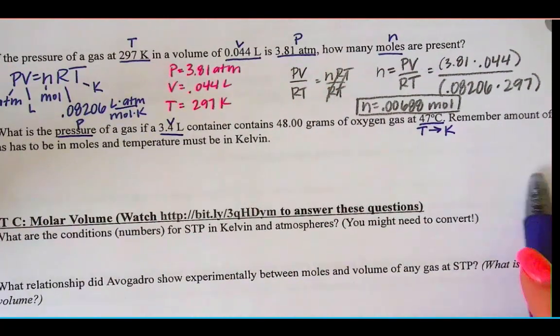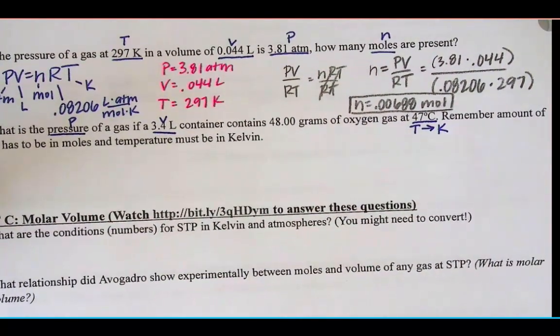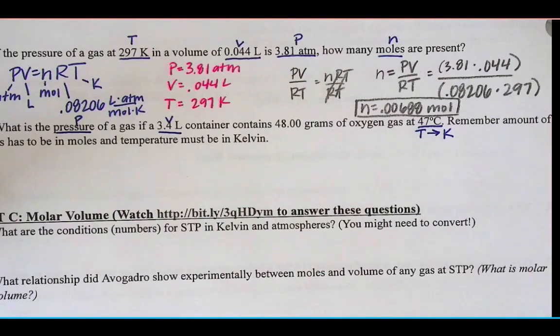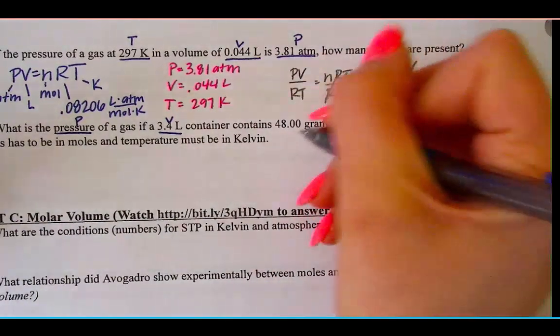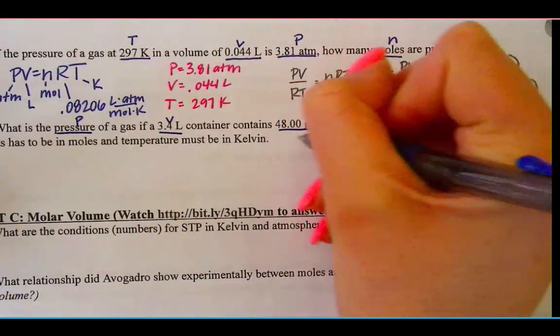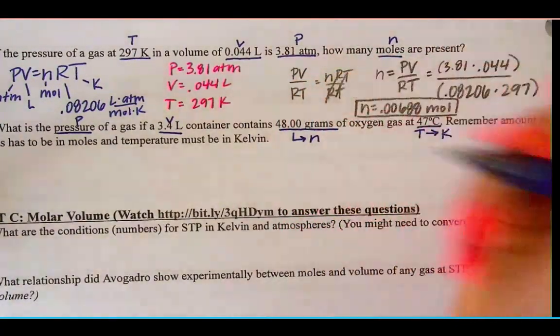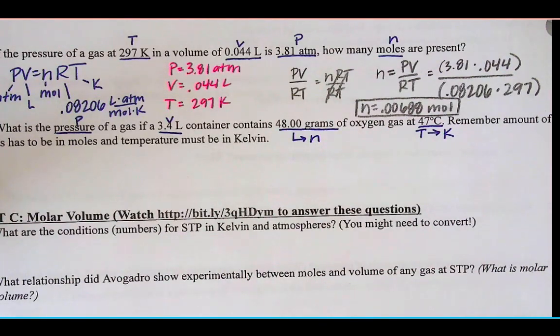Then it says, remember, the amount of gas has to be in moles, and the temperature must be in Kelvin. So I gave you a little hint there. This 48 grams is how I will eventually get to moles. Now that's not my moles. I put an arrow because I need to convert to moles.